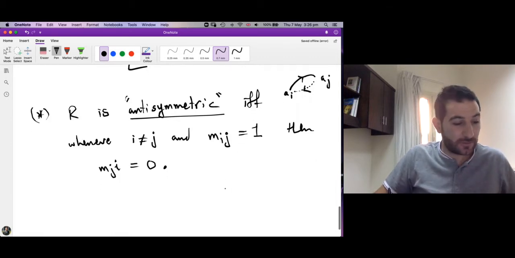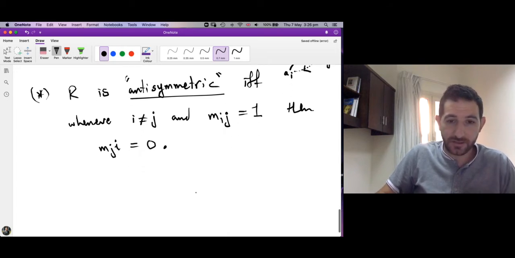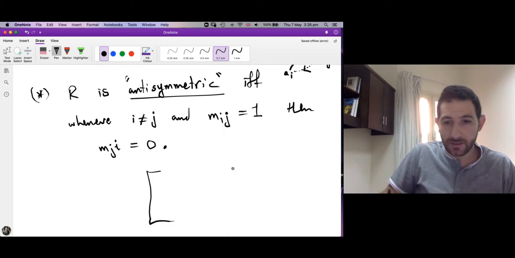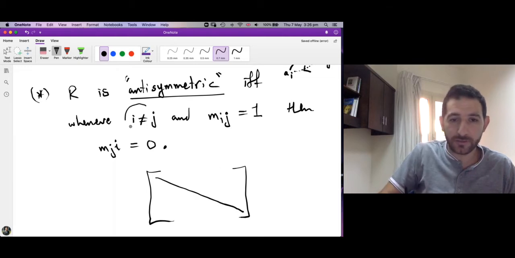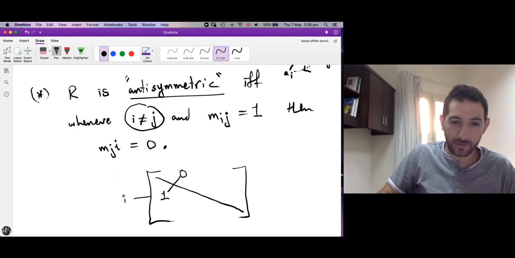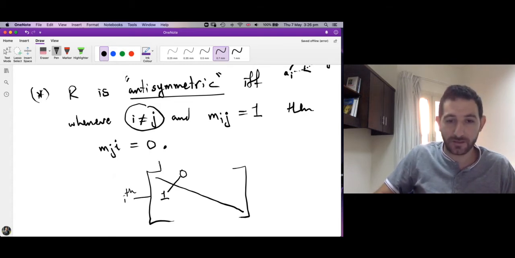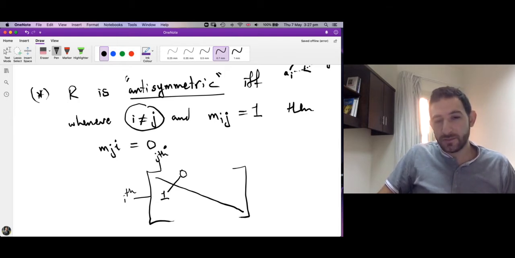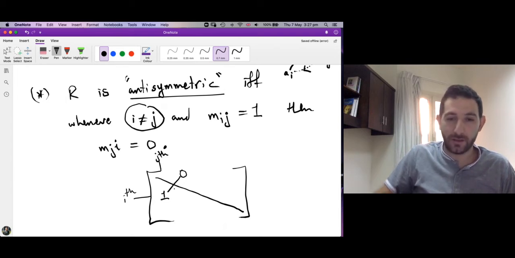Okay, so what is the form of this matrix? What we described is, this is the main diagonal. So I is not equal to j. This means that the ones are not on the main diagonal. So if you have 1 here, then its mirror image should be 0. If this is the ith row representing AI and this is the jth column, then this means that the jth element is not related to the ith element.